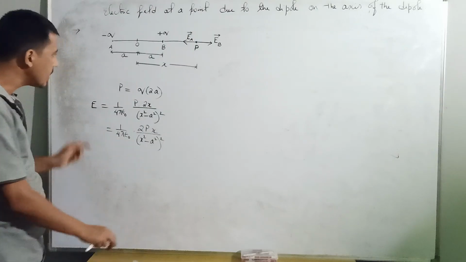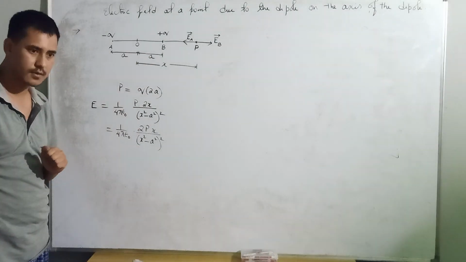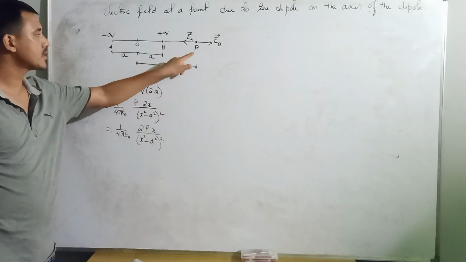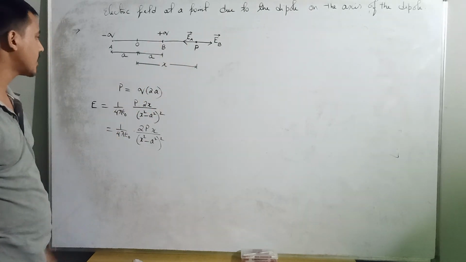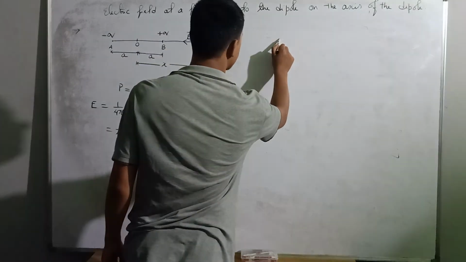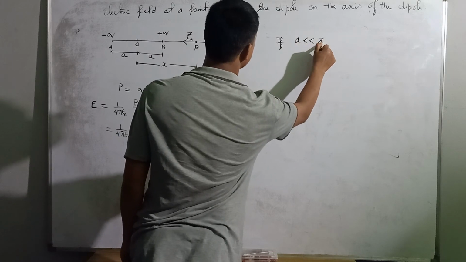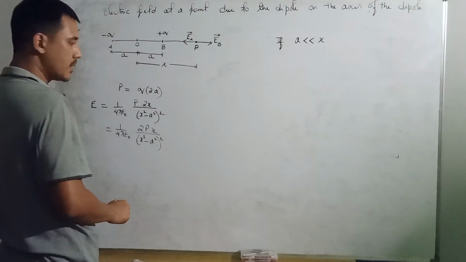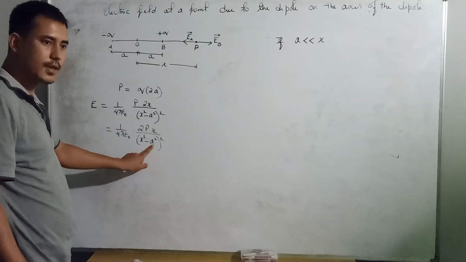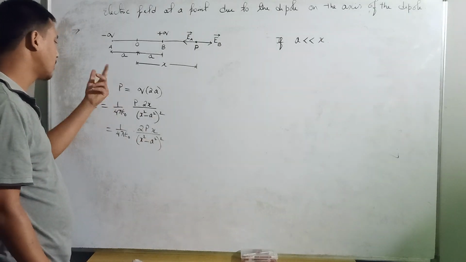In that case, X will be very, very large as compared to A. So in the special case, if A is very, very small as compared to X, then the value of A square can be neglected as compared to X square.